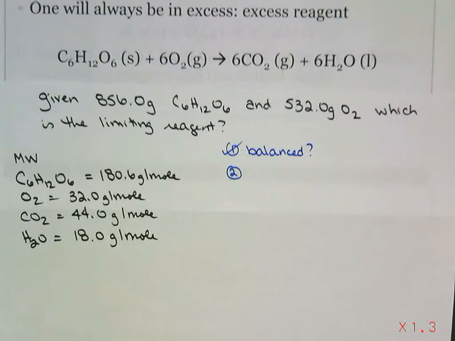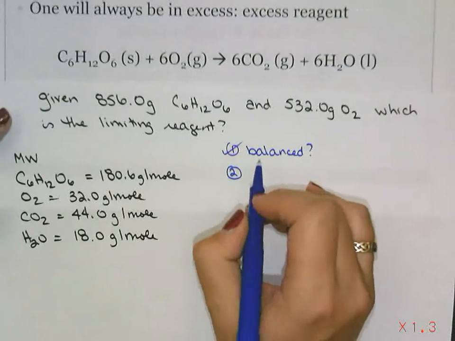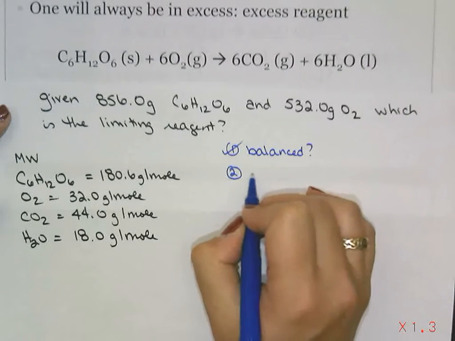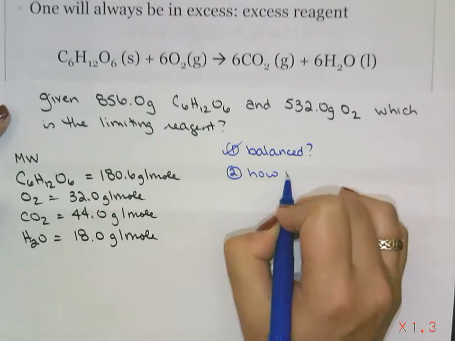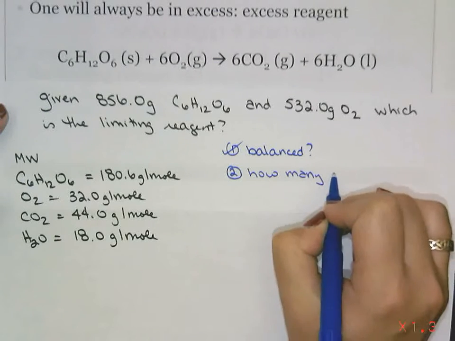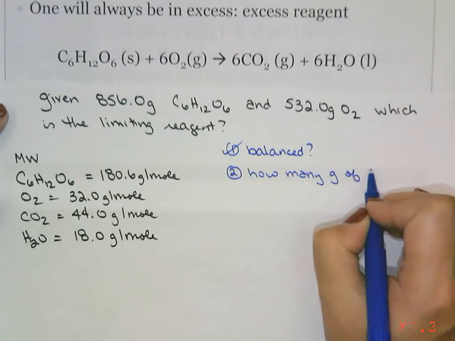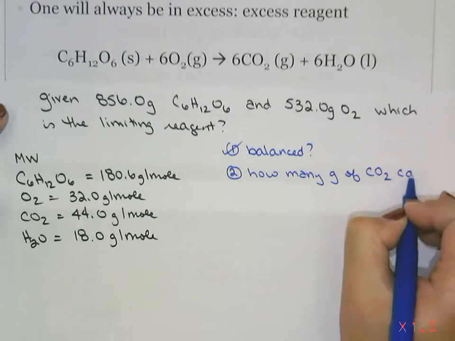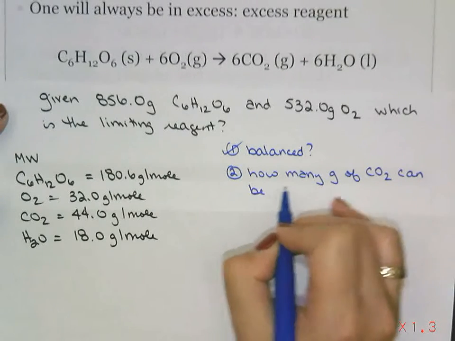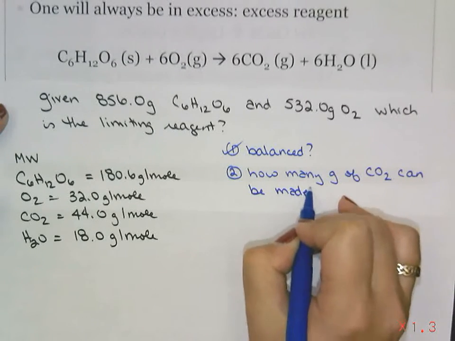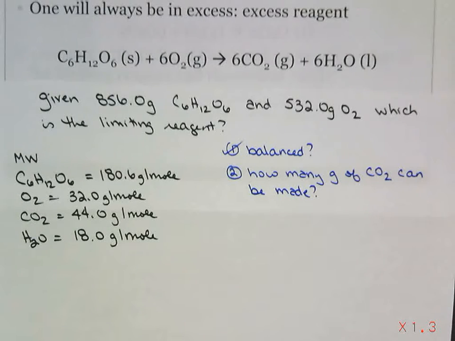But the second thing we need to find out is how many grams of carbon dioxide can be made starting with the glucose, and then how many grams of carbon dioxide can be made starting with the oxygen.